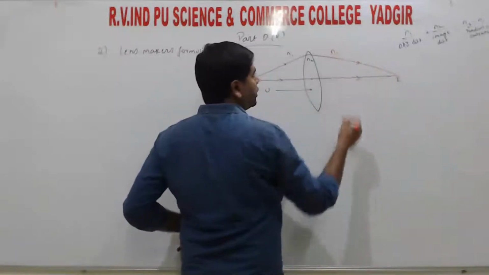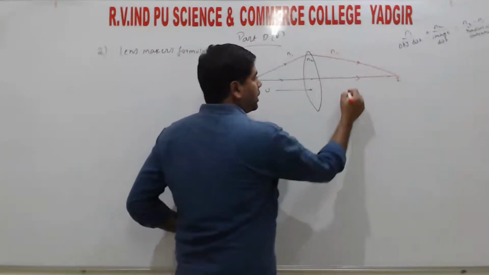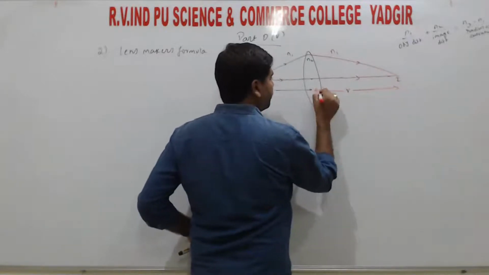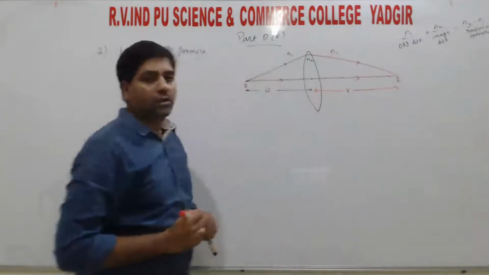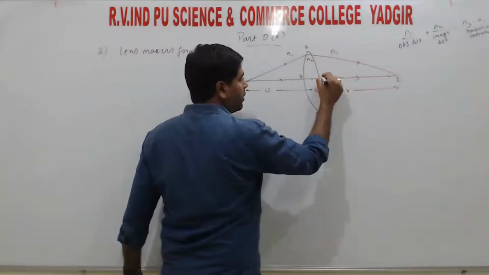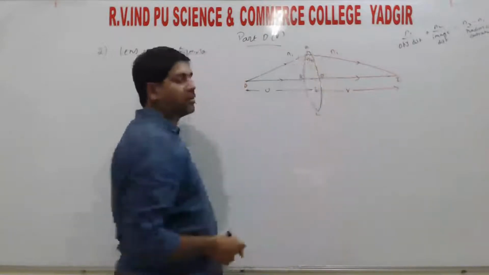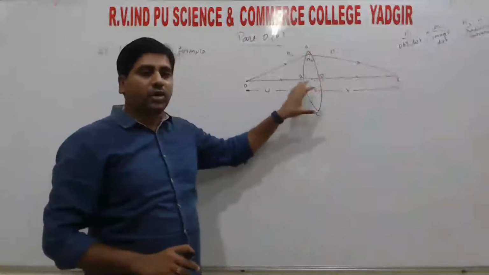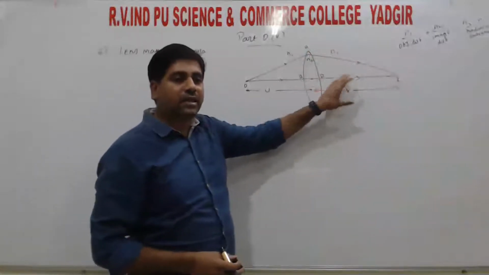So here also the refractive index is n1, right? So the image distance we take as v. So consider the lens refracting surfaces. A double convex lens has two refracting surfaces. One is the first refracting surface ABC and the other refracting surface is ADC. So here the image formation we will discuss in two steps.